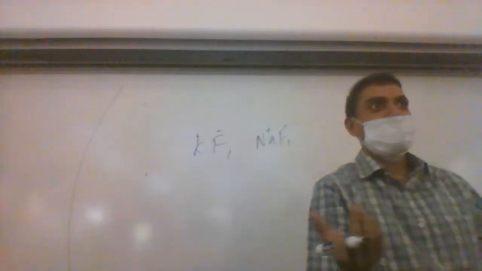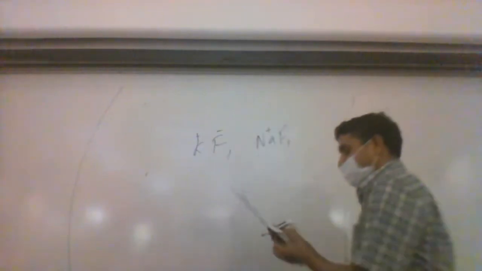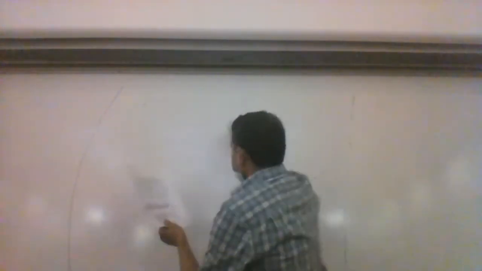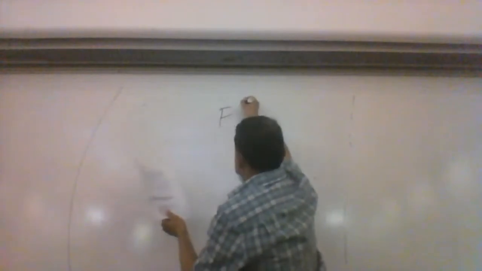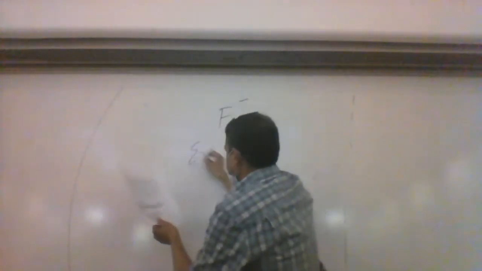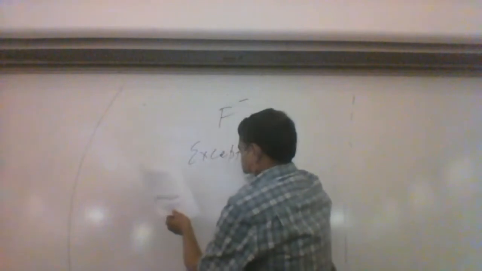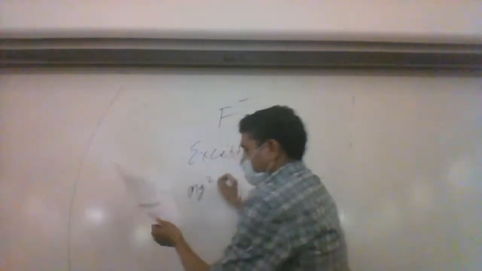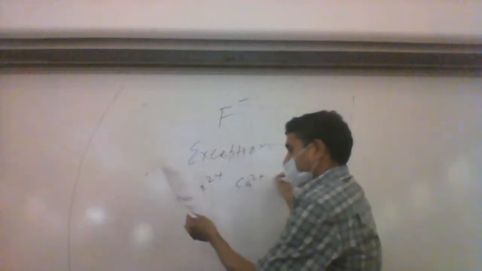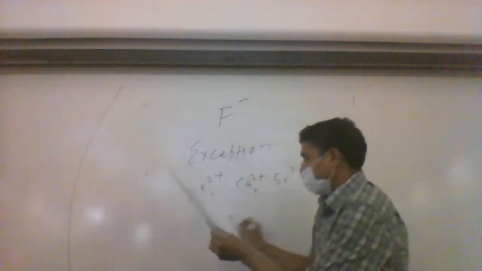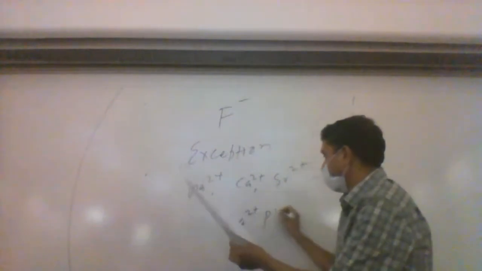Exception. Make sense? So if you look at the third box, it is saying fluorine at the top, which is very important for the exam. Then it is saying exception: magnesium 2 plus, calcium 2 plus, strontium 2 plus, barium 2 plus, and Pb 2 plus.